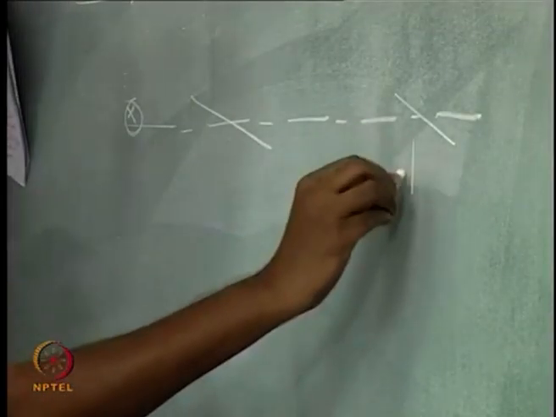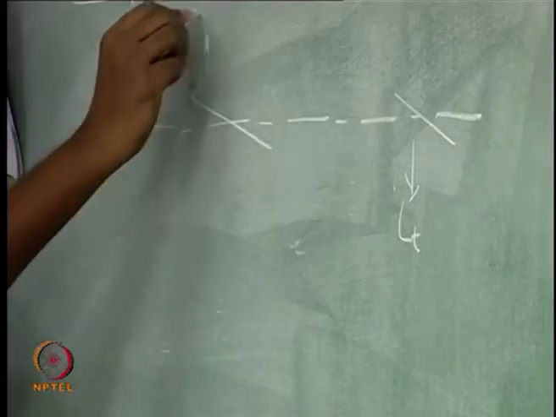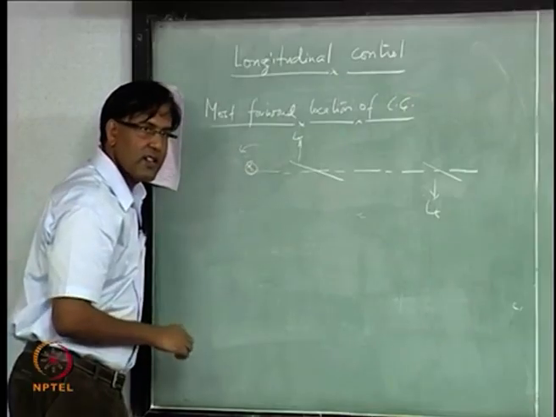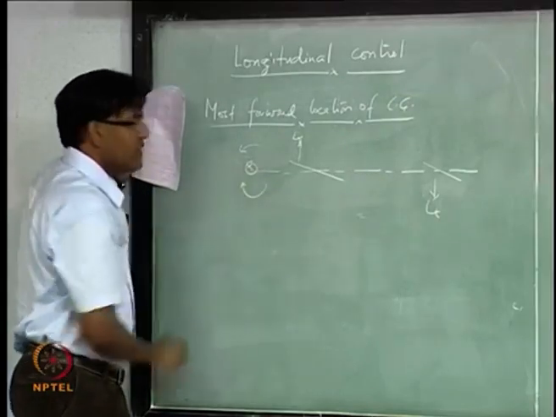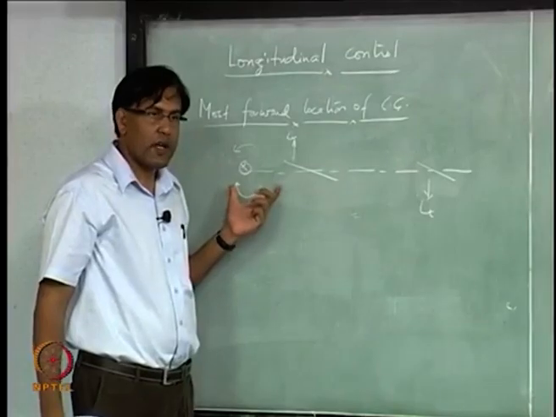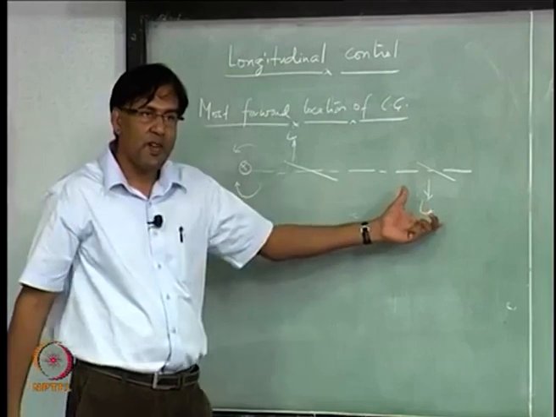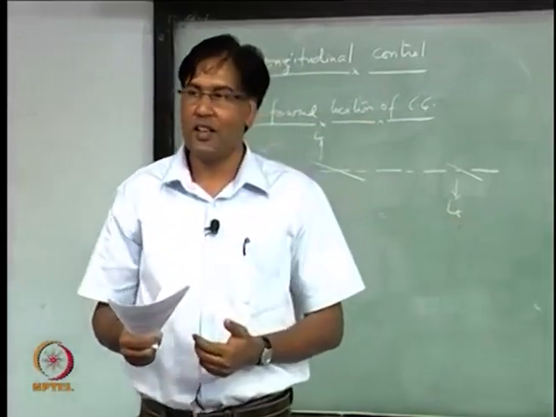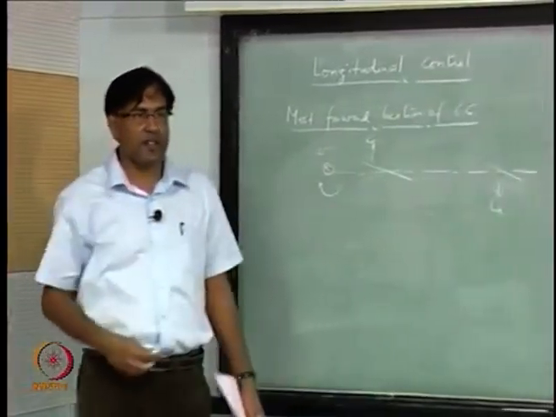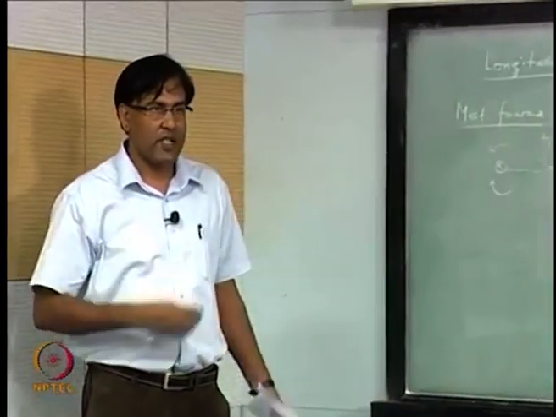CG is now here, right. Now, definitely I have to produce a lift at the tail which is downward, and this is going to create a moment about CG like this, and this opposite. What will it depend upon? It will depend upon the maximum elevator deflection, right, maximum positive elevator or elevator up deflection.